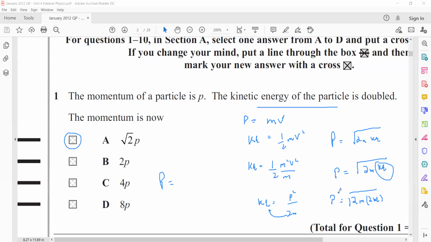This is the new momentum when the kinetic energy is doubled. So this will be under root 2mKE multiplied by under root 2. It's the same thing, I just separated it. Why separate? Because under root 2mKE is equal to the momentum. So the new momentum is equal to under root 2 times the original momentum. Is it clear? A is the right answer for this.